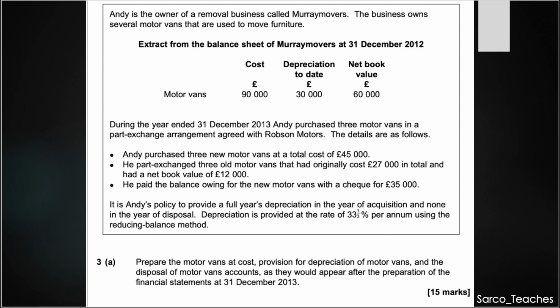It is Andy's policy to provide a full year's depreciation in the year of acquisition and none in the year of disposal. Depreciation is provided at a rate of 33 1/3% per annum using the reducing balance method. Then it says prepare the motor vans cost, provision for depreciation, and disposal of motor vans accounts.